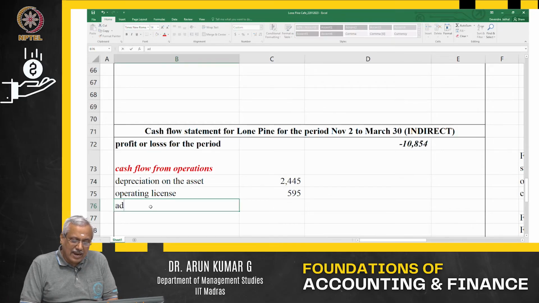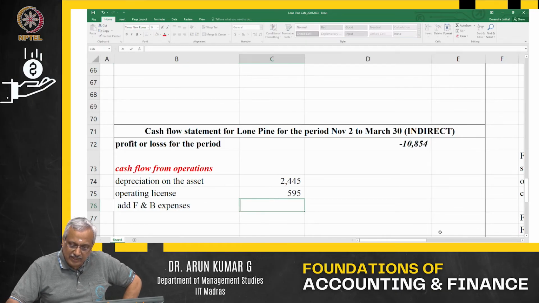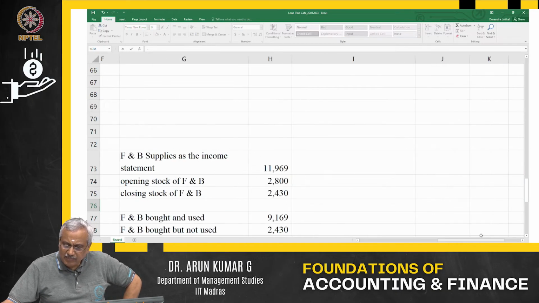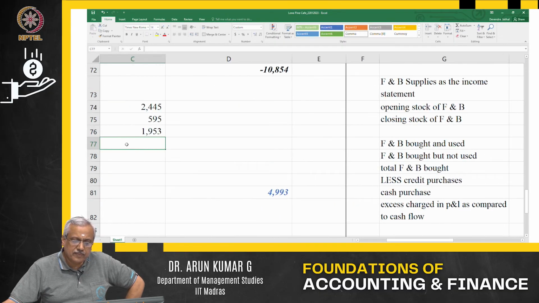That is, add back F&B expenses for which overcharge. It is basically the same amount, 1953.